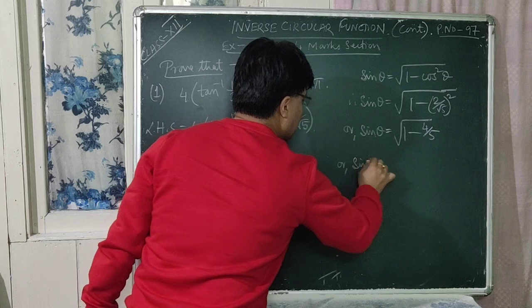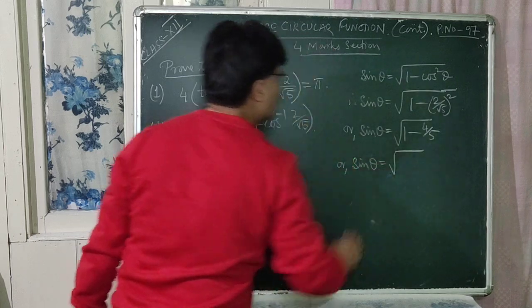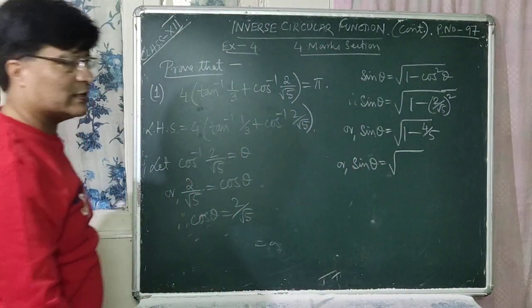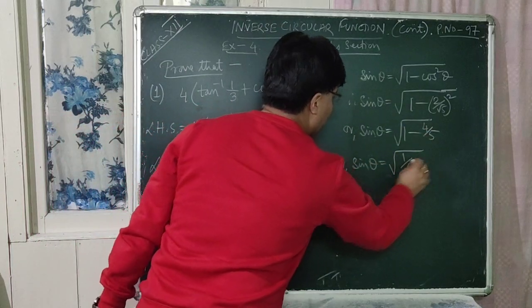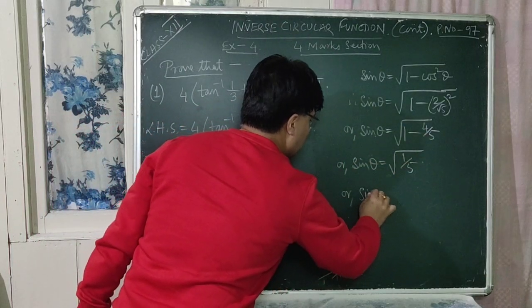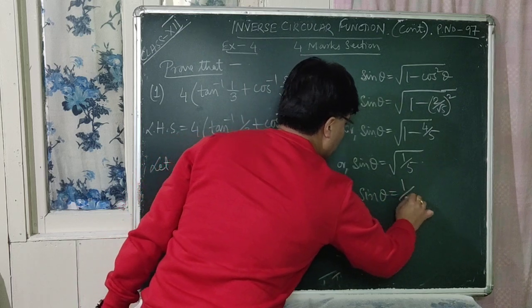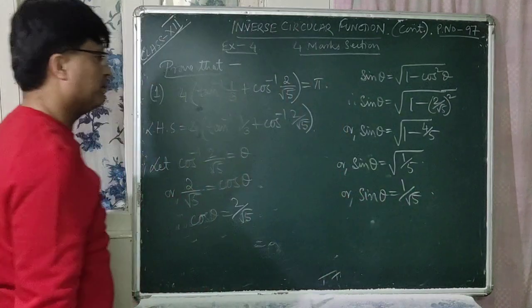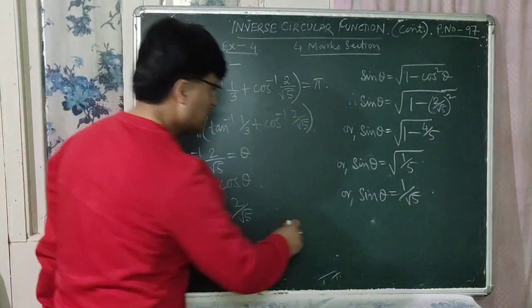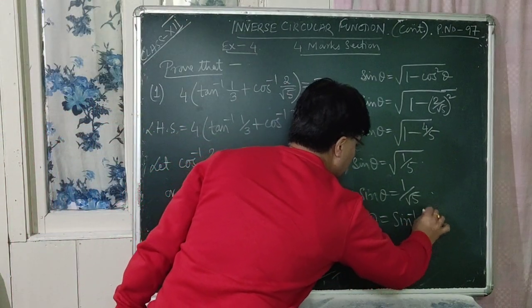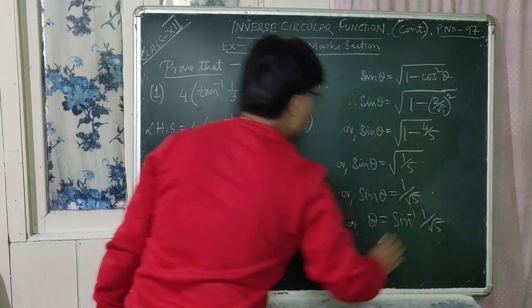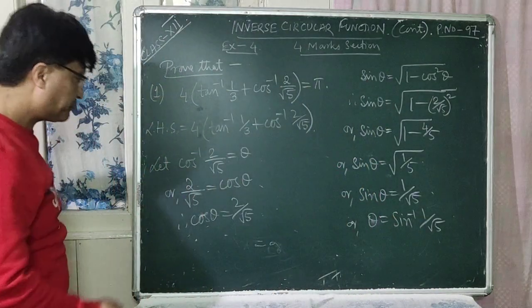Simplify it: 5 minus 4 is 1, so that is root over 1 by 5. So the value for sin theta is 1 by root 5. Now we need the value for theta, so theta is equal to sine inverse 1 upon root 5, right?